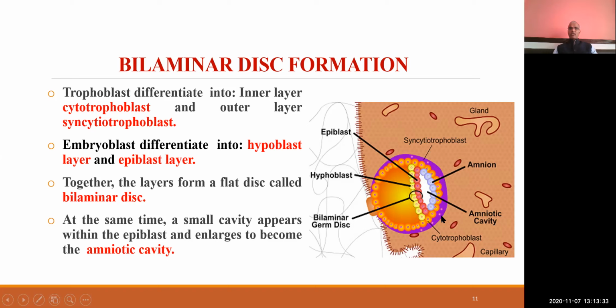The embryoblast also differentiates into the hypoblast and epiblast layers, and these two layers are called the bilaminar germ disc. At the same time, a small cavity appears within the epiblast, and it enlarges and forms the amniotic cavity.